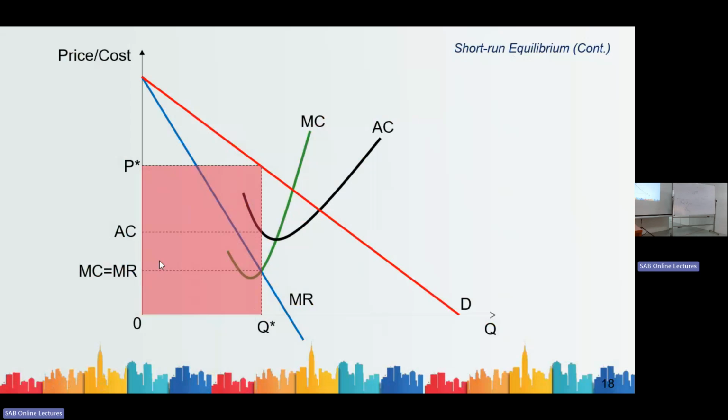To find the price, you go to the demand curve. To find the average cost, you go to the average cost curve. Don't find average cost on marginal cost. Marginal cost is different, average cost is different. Total cost is average cost into Q, so in order to find total cost, you have to find average cost first.